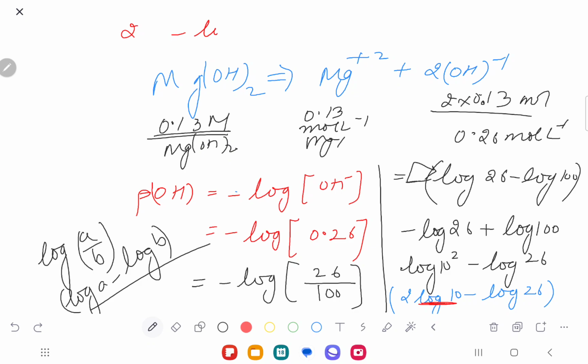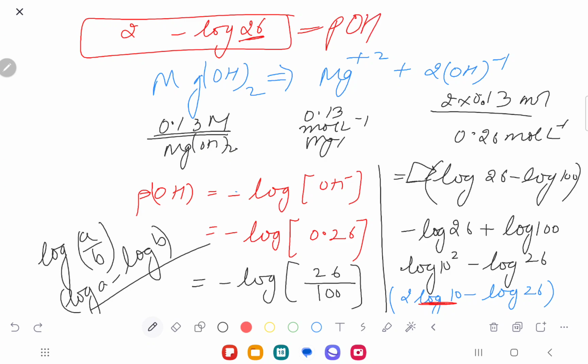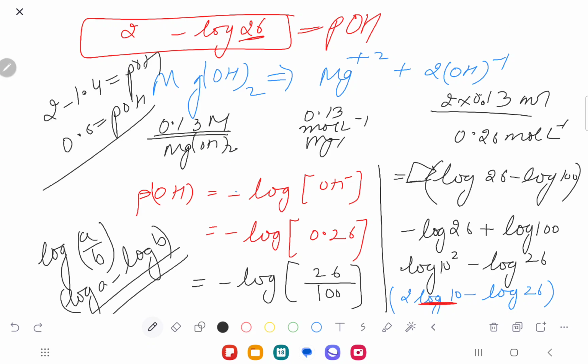So 2 minus log 26 is going to be the value of POH. And then when you calculate POH, what is the value of log 26? Log 26 is 1.4, so 2 minus 1.4 shall become my POH. So my POH is coming out to be 0.6.